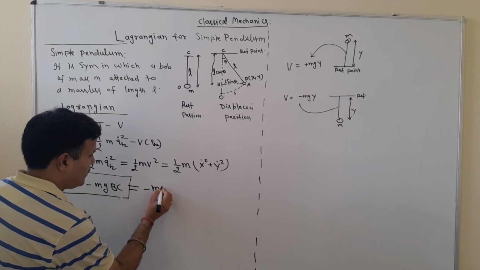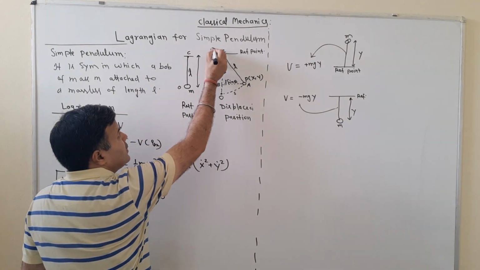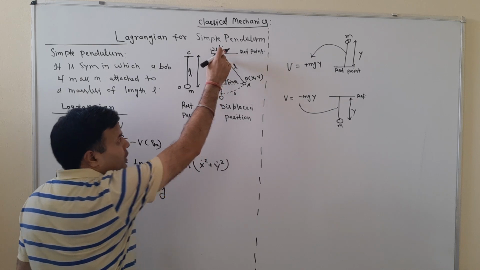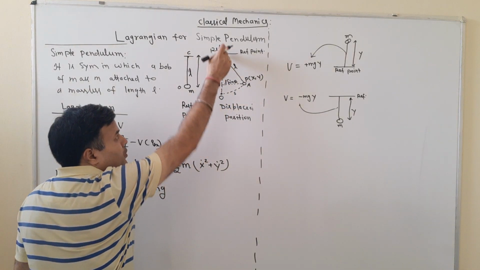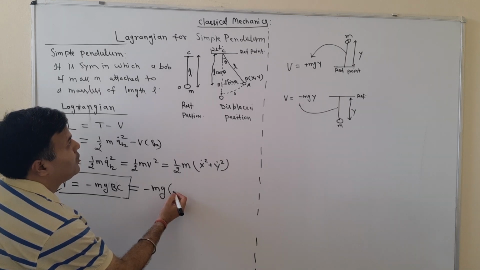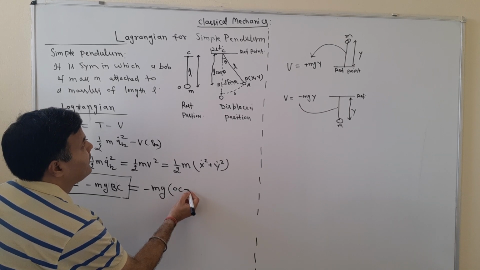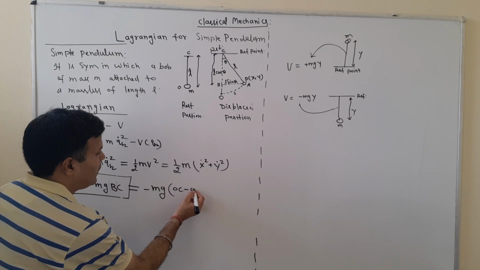So minus mg, and in this case we are using the minus sign because our reference system is this one. We are observing our system below the reference point. So what is our BC? BC is simply OC minus OB.